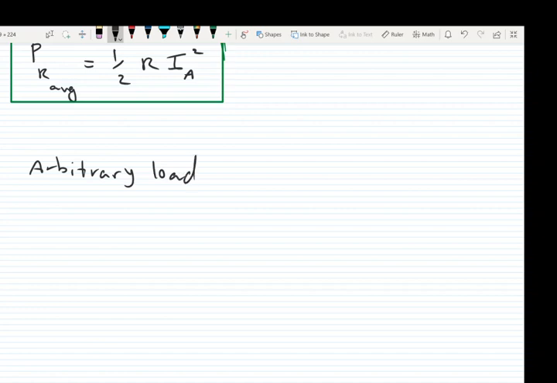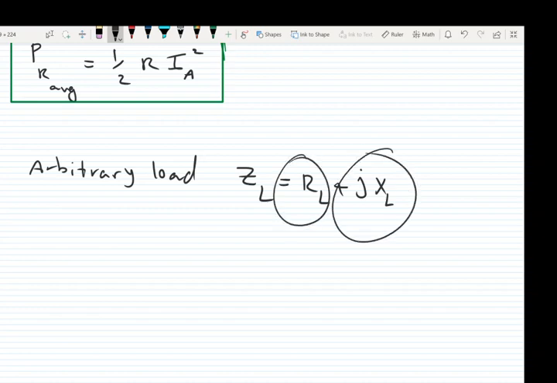Of course, the load is ZL, which is a complex number which has two components. If you remember, it has a real part and an imaginary part, where the real part is called the resistance and the imaginary part XL is called the reactance.